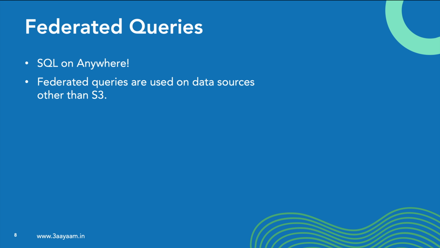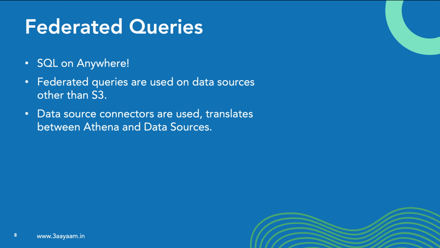Federated queries are used on data sources other than S3. If it is not S3, there can be a lot of other data sources, and the way Athena connects to these data sources is using data source connectors, which translate the language between Athena and other data sources. These data source connectors actually run on AWS Lambda.